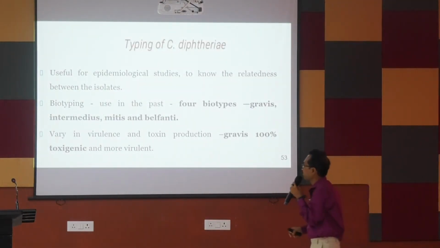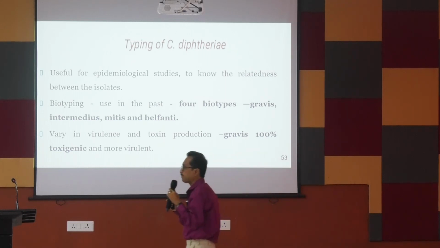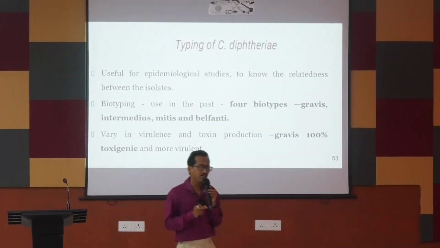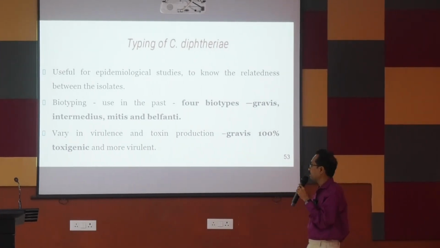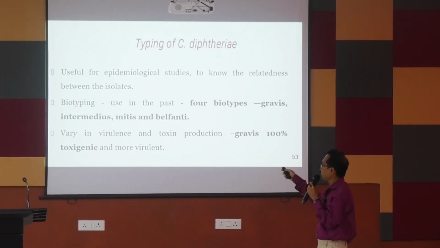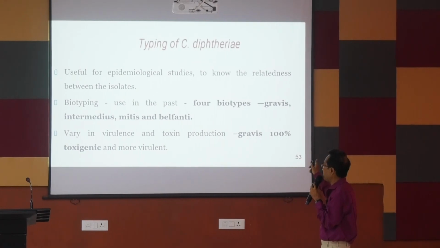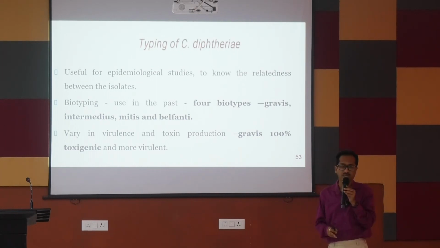Now typing. What type of typing is commonly used? Biotyping. What is biotyping? There are 4 biotypes: gravis, intermedius, mitis and belfanti. These are the 4 biotypes that can be identified by biotyping. Gravis is 100% toxigenic and more virulent. What does gravis produce?